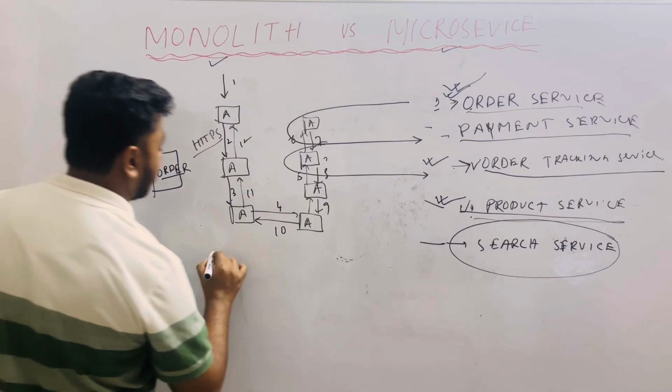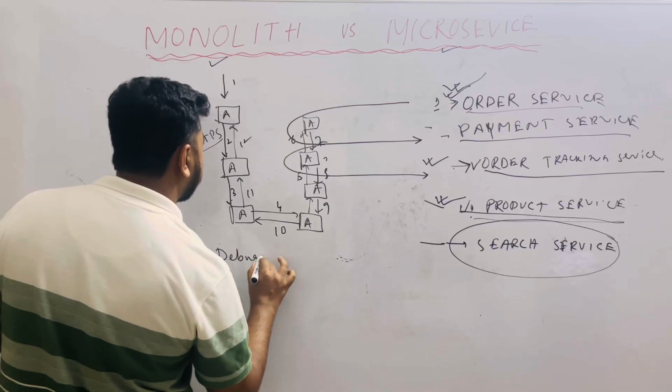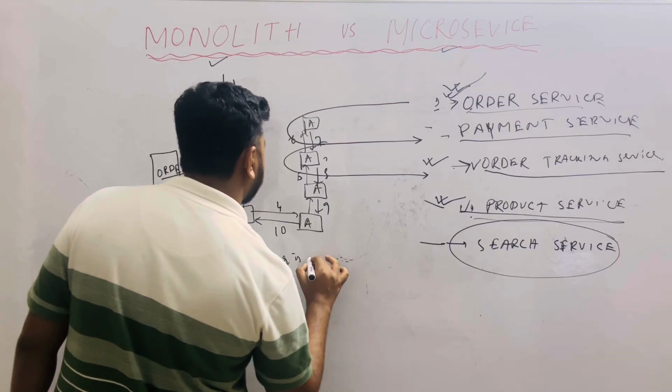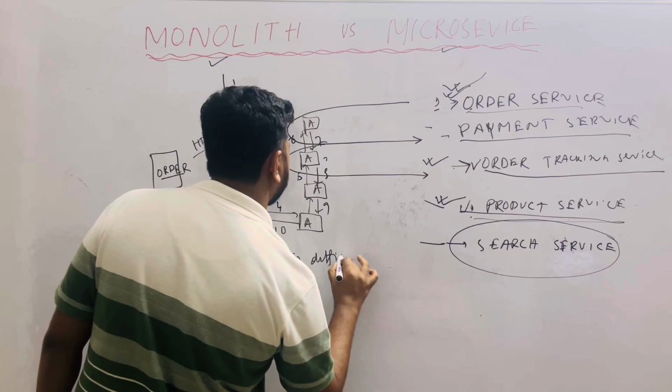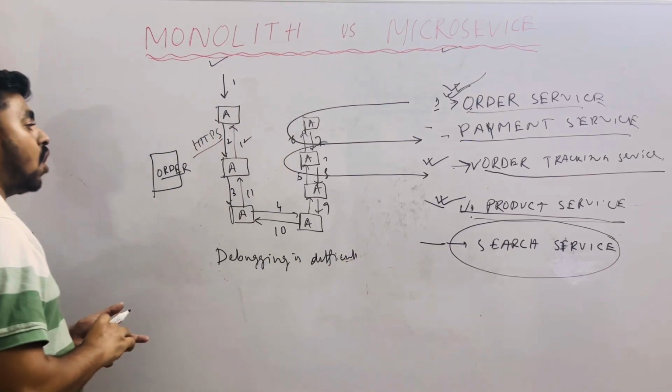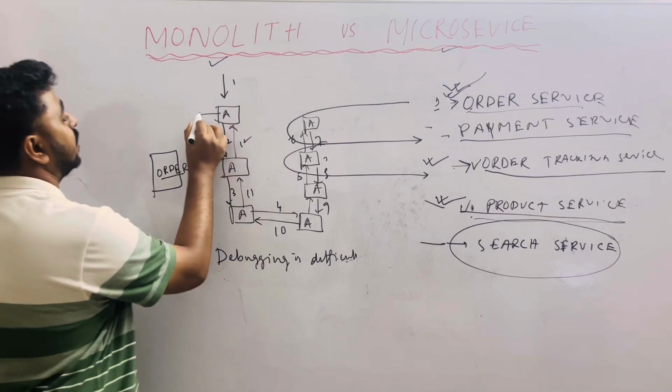What happens in microservices? Debugging is more difficult than in a monolith, because the logs will be in multiple applications.